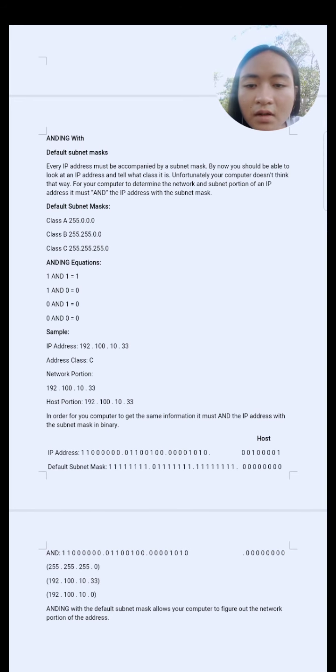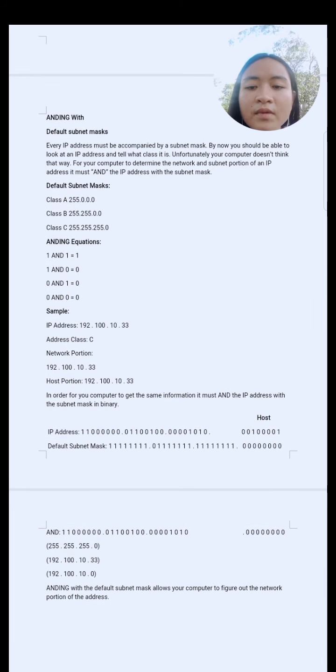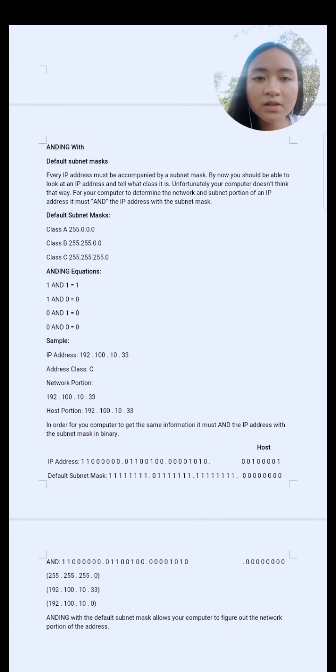So in the ending equation, we have 1 and 1 equals 1. Second, 1 and 0 equals 0. Third, 0 and 1 equals 0. Last, 0 and 0 equals 0.